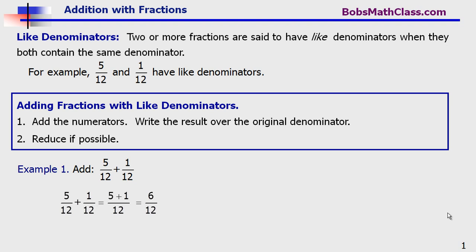When the numbers are pretty small like this one, it's probably easier to do that. So what's the biggest number that goes into both 6 and 12? Yes, that's right, 6. Now, if you divided by 2 and then by 3, it would still work out. You'll just take more steps. So you should get an answer of 1/2.